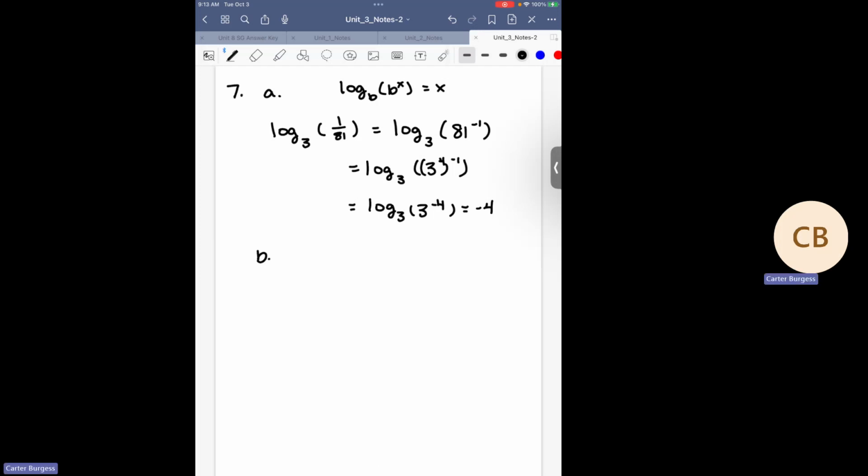Likewise, looking at, say, something like log base 2 of 4 cubed, noticing I can rewrite this in base 2. This is log base 2 of 2 squared cubed. Again, multiplying here, I get that this is going to be log base 2 of 2 to the 6th, which is just equal to 6.